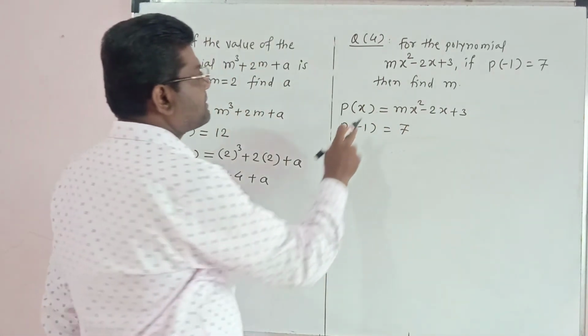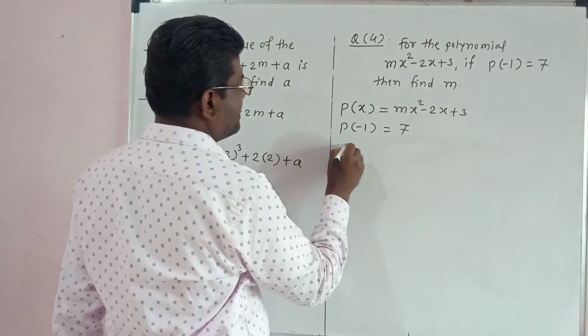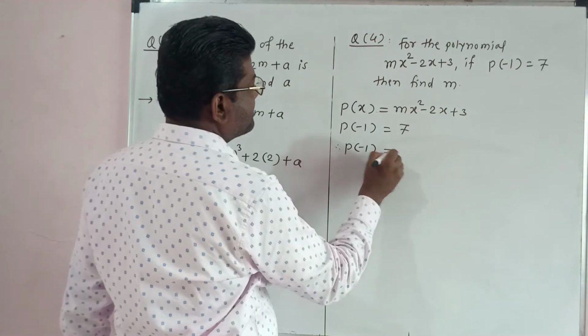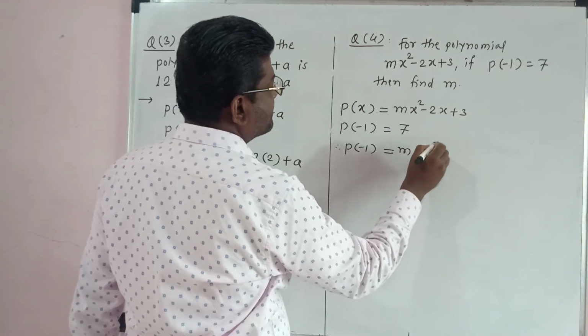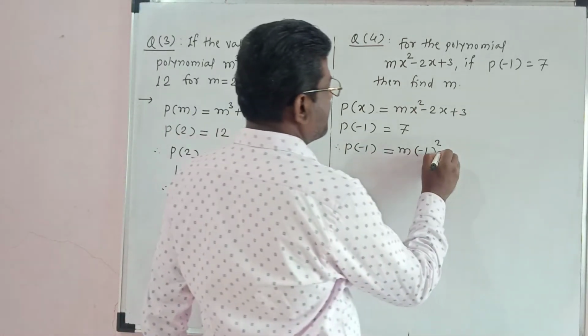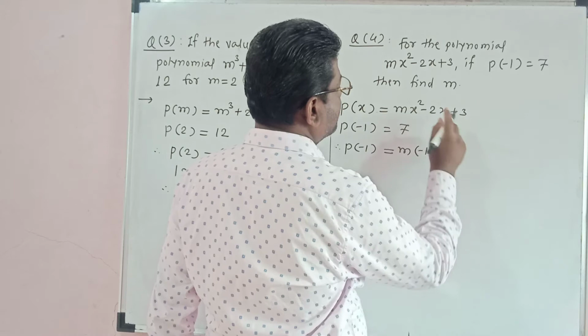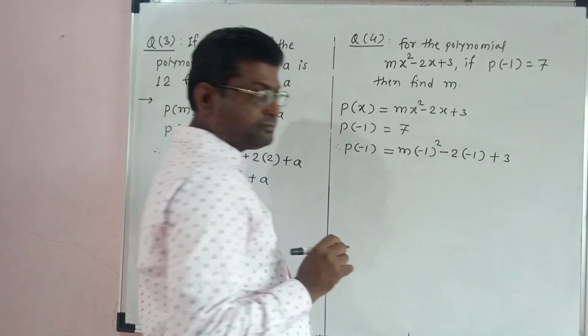Now put x is equal to minus 1 in this polynomial, therefore p of minus 1 is equal to m into value of x is minus 1, that is minus 1 square. So minus 2 in bracket x is minus 1, plus 3.